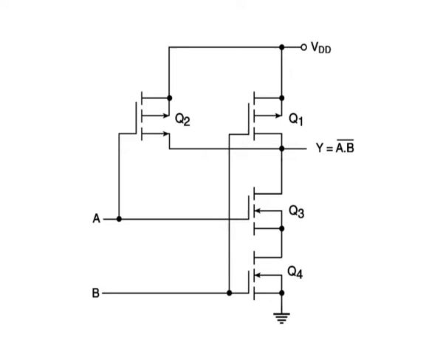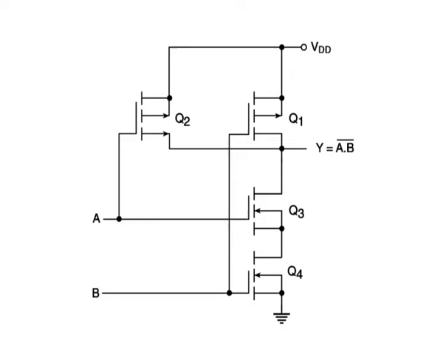For the remaining two input combinations, either of the two N-channel devices will be non-conducting and either of the two parallel P-channel devices will be conducting. We have either Q3 off and Q2 on, or Q4 off and Q1 on.